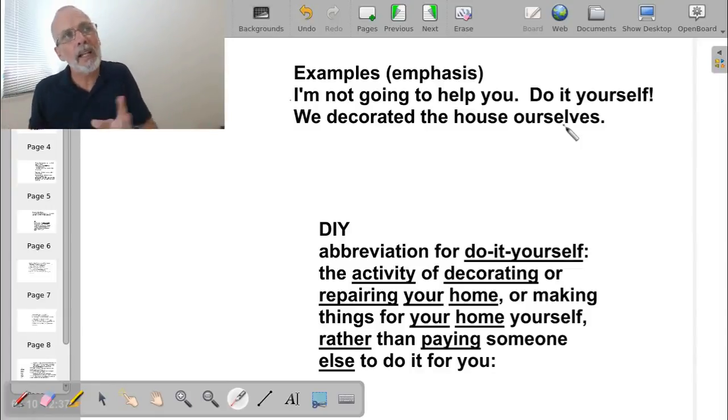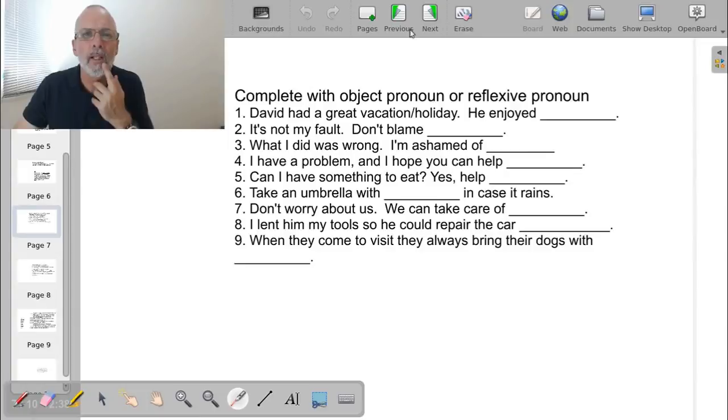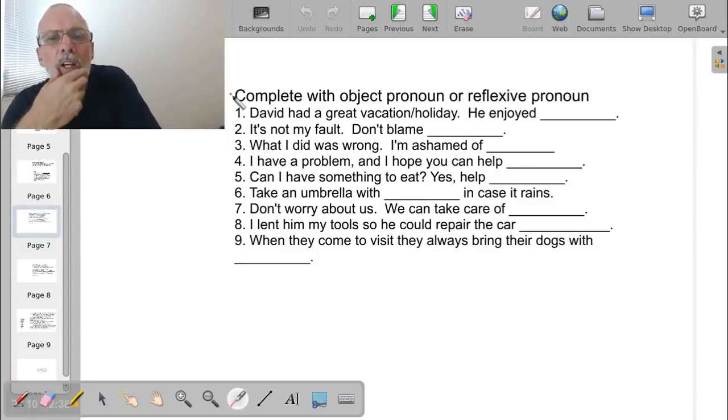Because if you just say we decorated the house, it's ambiguous. It doesn't tell you who decorated the house. It could have been you, or you could have paid somebody else to do it. By adding this, you emphasize and make it less ambiguous that you actually did paint the house or decorate the house yourself. So I hope everybody's understood the reflexive pronouns.